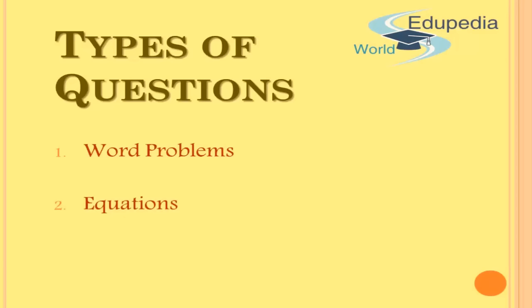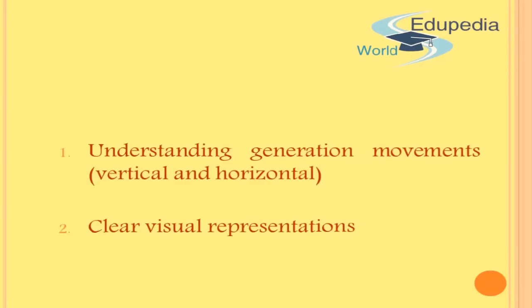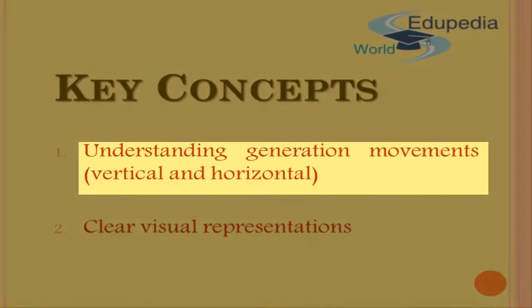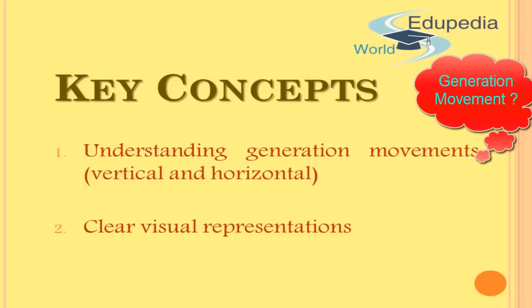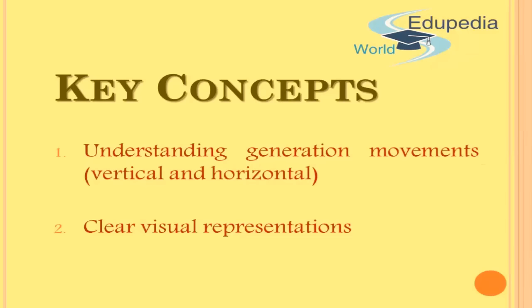Now, to solve either of these questions, whether it be word problems or equations, we need to understand two things very clearly. Number one, we need to understand generation movements, vertical and horizontal. Now, what do I mean by generation movements? In blood relation questions, there are two types of movements. One is a horizontal movement within the same generation.